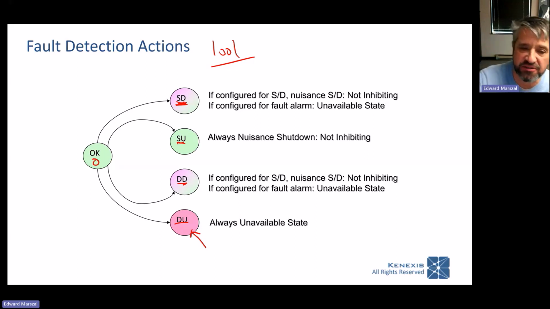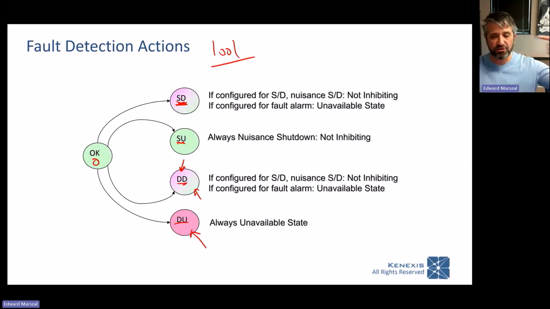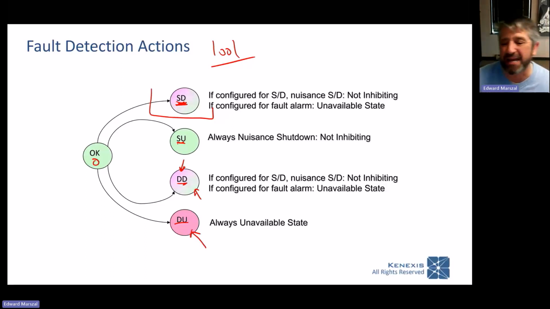So for my dangerous detected failure, I can convert that failure to be safe by programming the PLC to trip, or I can configure it to be dangerous by setting up an alarm for maintenance and continuing to operate the plant. The other lesser thought about concept is you're doing exactly the same thing with safe failures.